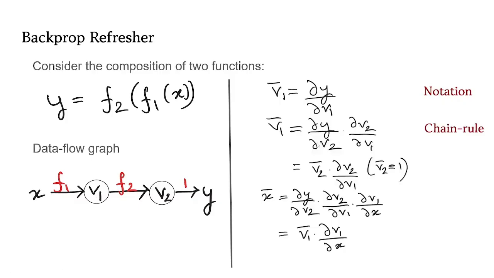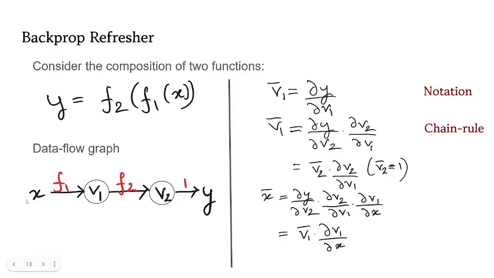So v1 bar, we can write down because of the chain rule as the derivative of y with respect to v2, followed by the derivative of v2 with respect to v1. This quantity, based on the notation which we adopted, we can write as v2 bar. And this is the derivative of v2 with respect to v1. Now, in this case, v2 bar is simply 1.